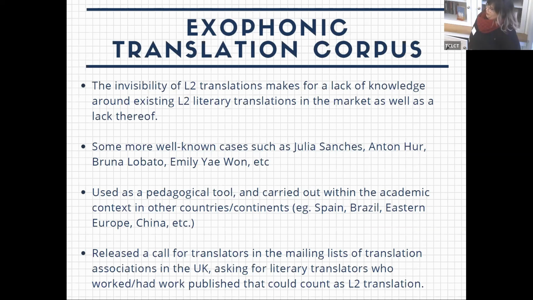So the problem with all of this is that it's really hard to find examples of L2 translation that we could analyze. They are scattered around in languages that I don't have access to, for example.